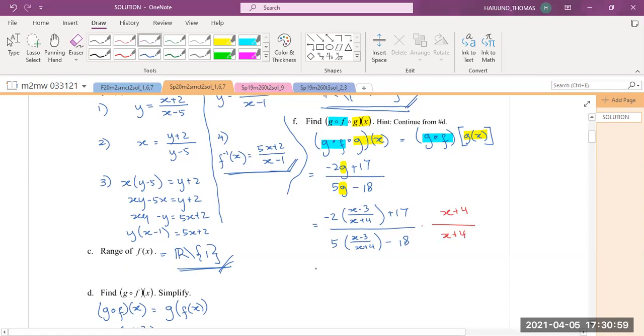That gives us negative 2 times (x minus 3) plus 17 times (x plus 4), over 5 times (x minus 3) minus 18 times (x plus 4).